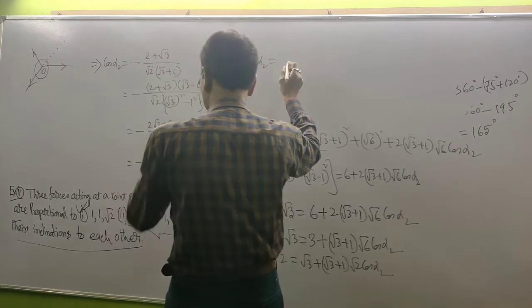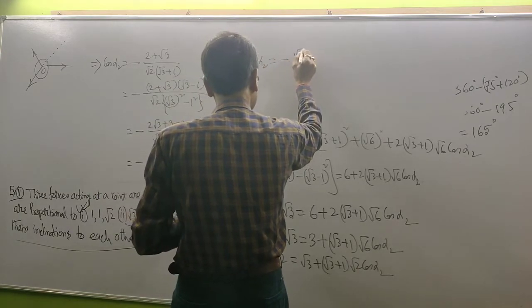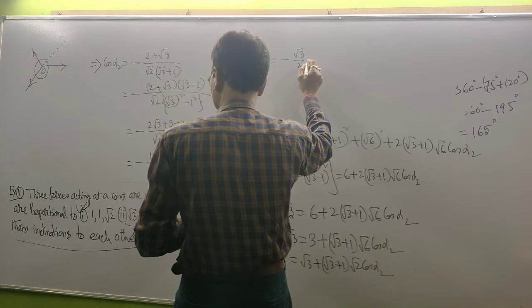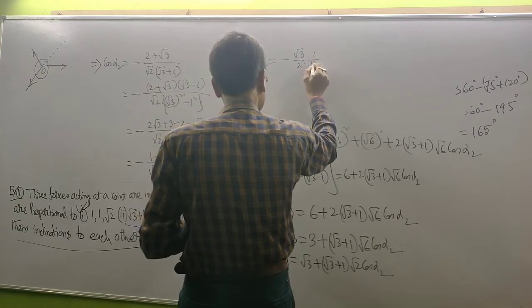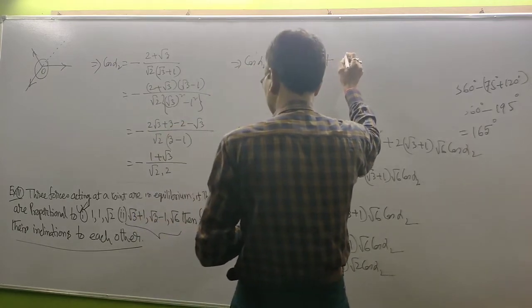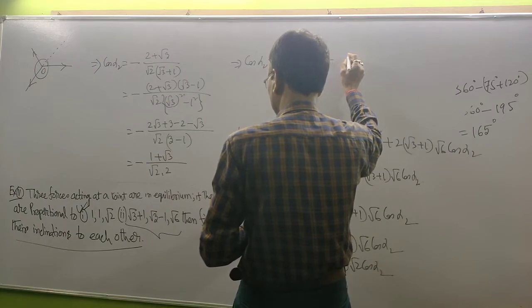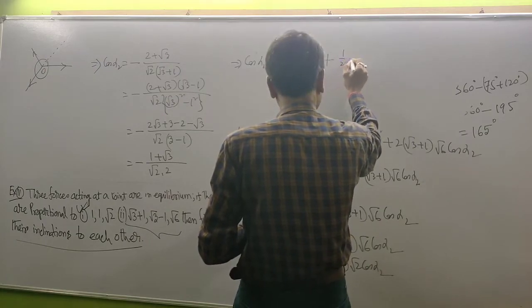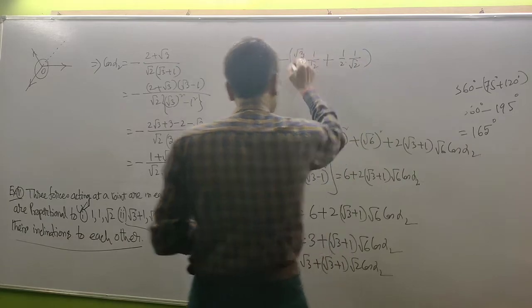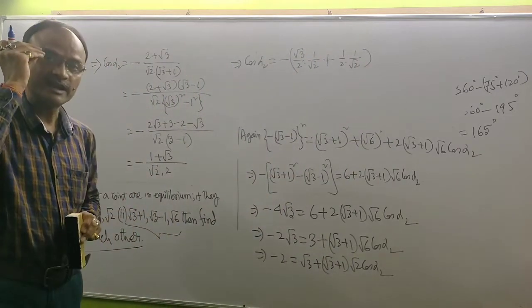Now, this means cos alpha 2 equal to minus root 3 by 2 into 1 by root 2 plus 1 by 2 into 1 by root 2. You may write like this.